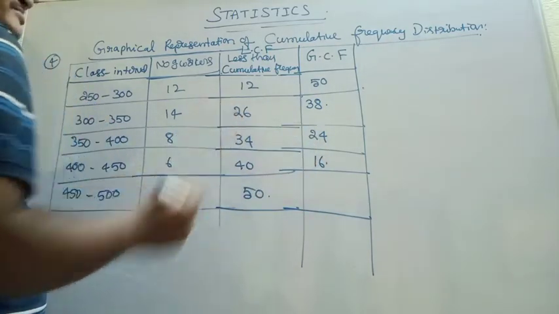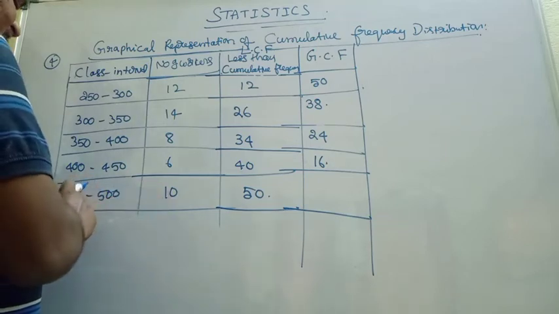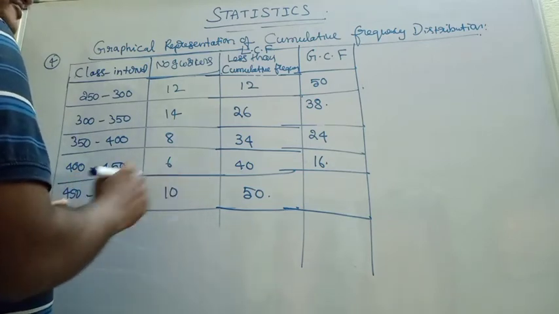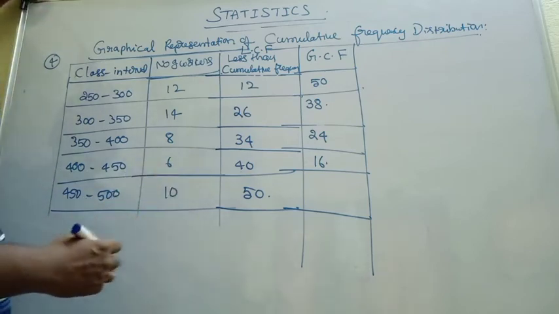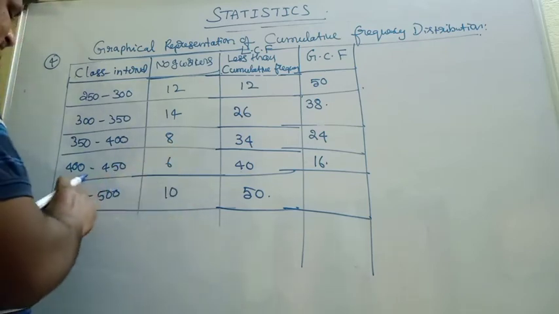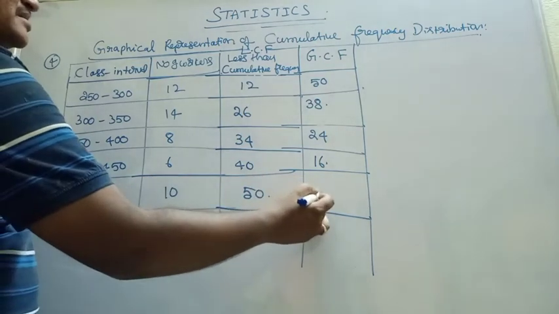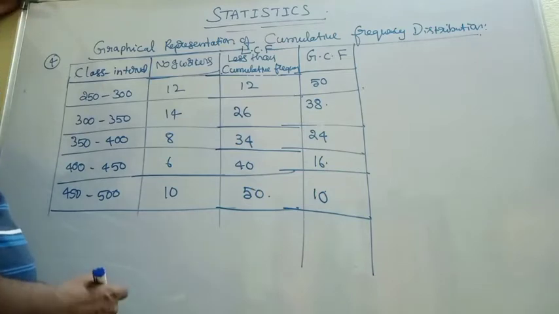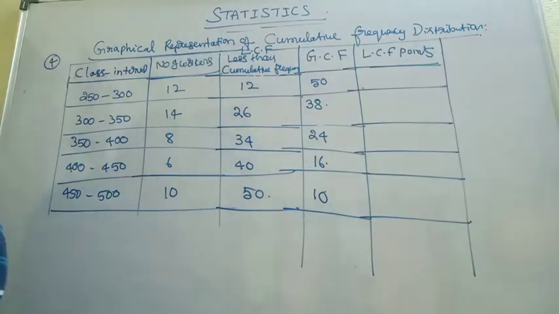That is, 24 minus 8, 16 will come. Next, greater than 450. How many workers are there? Only 10 workers are there.